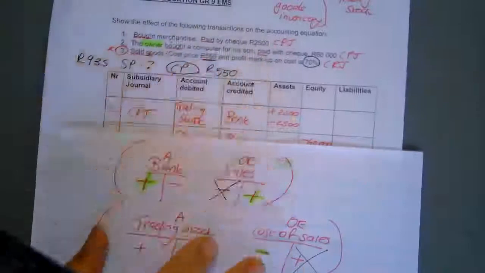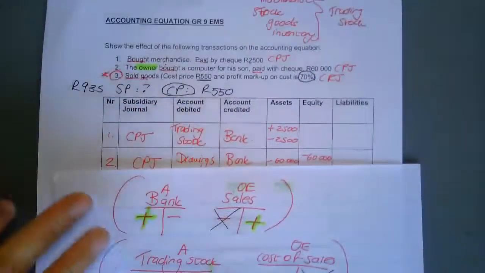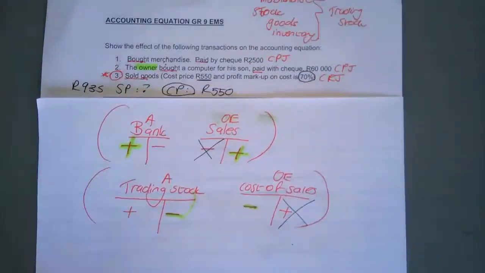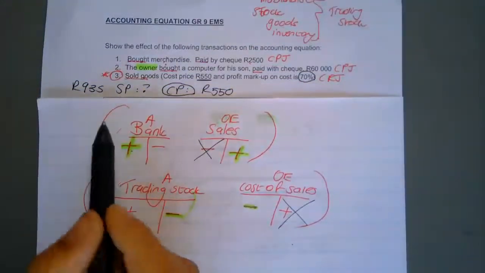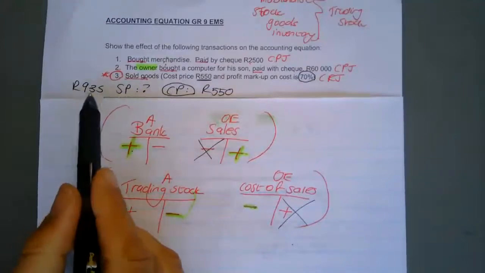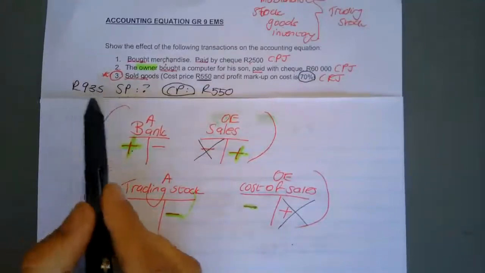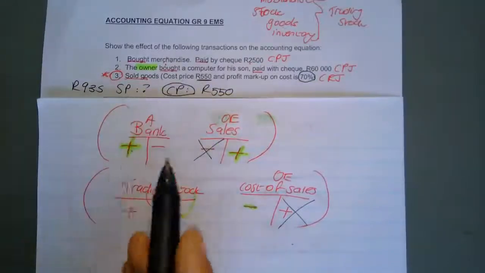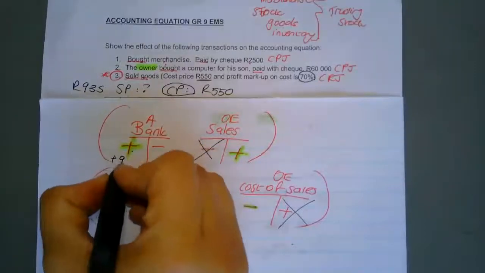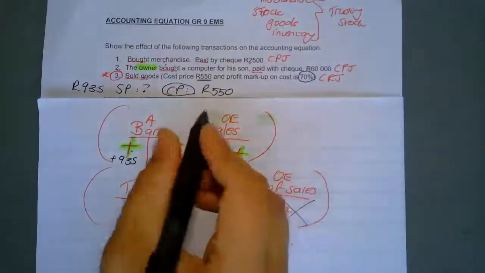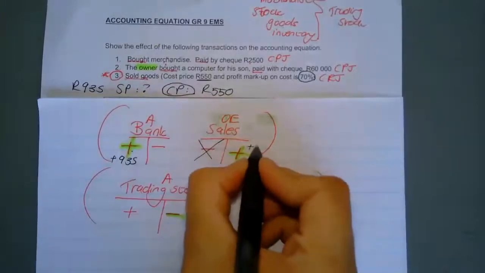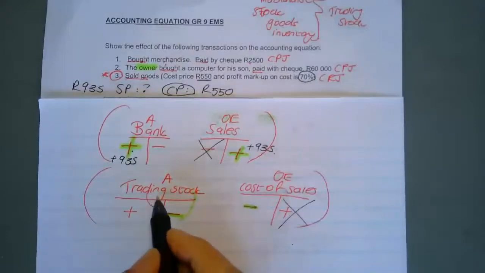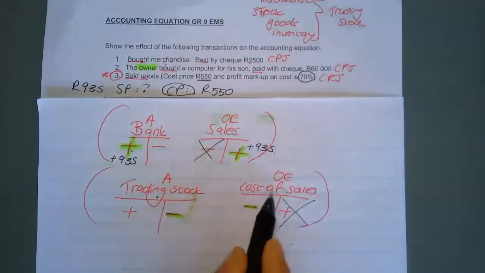Now you need to fill it into the correct T accounts. Remember, the sales price is the amount that is deposited into the bank account. What is the sales price? 935. Can you see that the sales price will always be more than the cost price? Why? Because you want to make a profit. So the bank receives 935 Rand, and sales is an income of 935 Rand. But what are we selling? Trading stock. What is the value of the trading stock? Cost of sales.